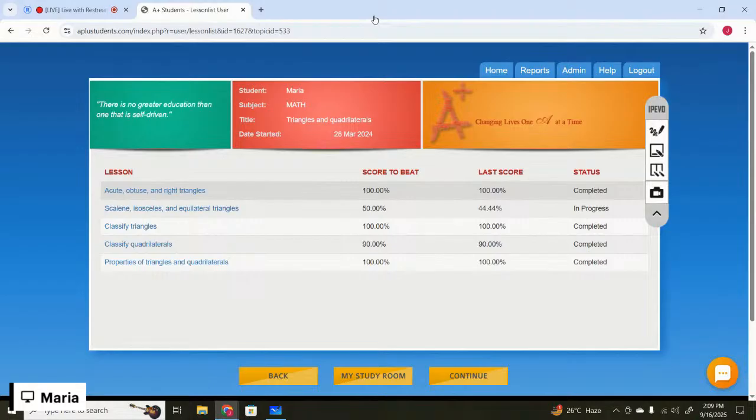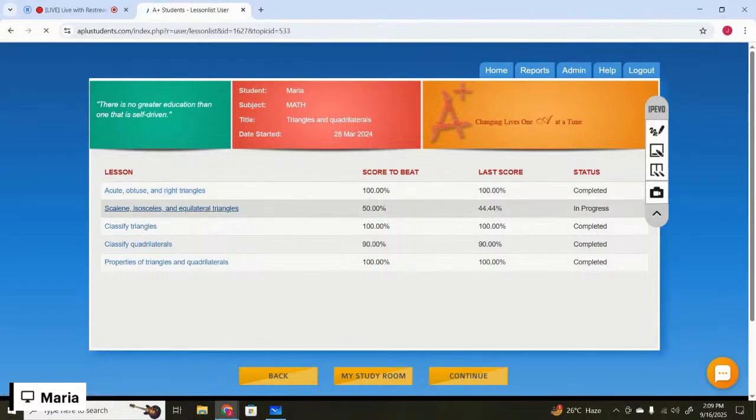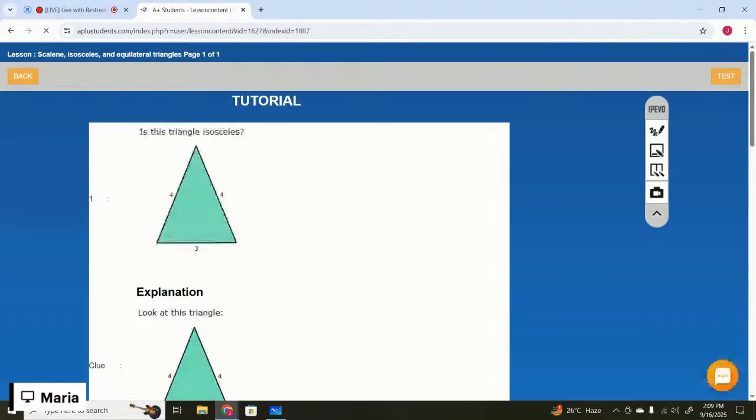The next lesson is scalene, isosceles and equilateral triangles. Let's just start with the lesson.